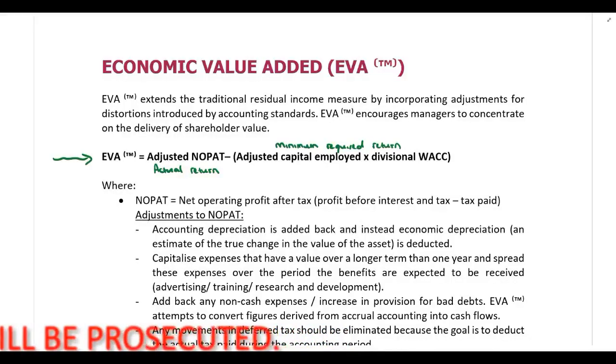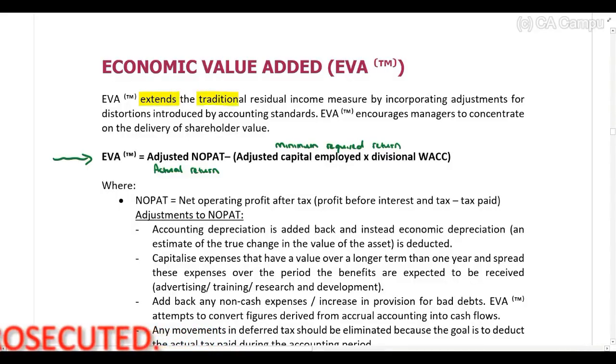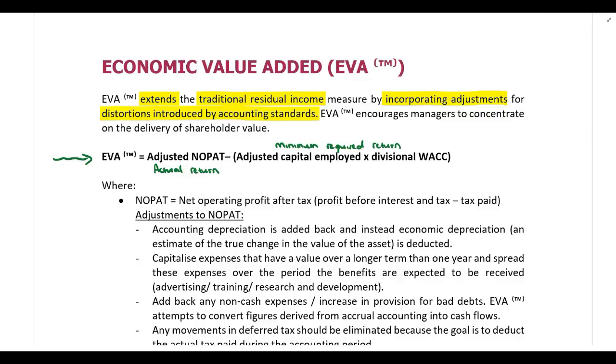So you can see the discussion just above. EVA extends the traditional residual income measure by incorporating adjustments for distortions that are introduced by accounting standards. So guys, if you go back to our calculations where we looked at residual income, the last disadvantage of residual income that we discussed is that the short term is emphasized.